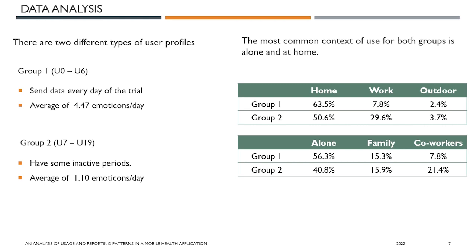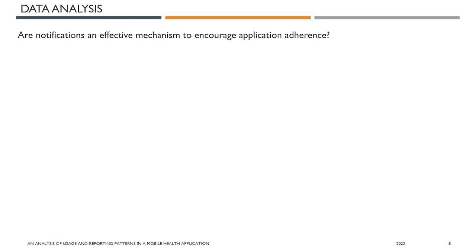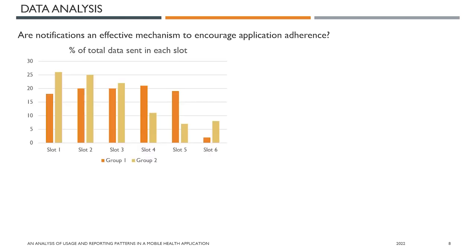This split has also been confirmed by the cluster analysis carried out. We also analyze the use by both types of users, and we see emoticons are usually sent alone and from home. Finally, we analyze the response of the users to the notifications to evaluate their effectiveness in each group. We observe a clear difference between the users who report emotions every day and those who do not.